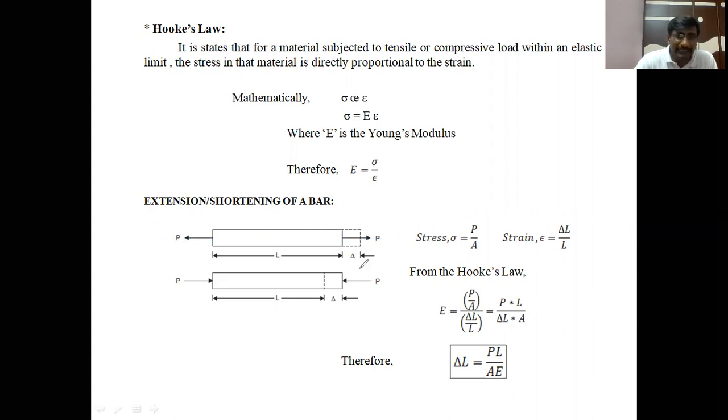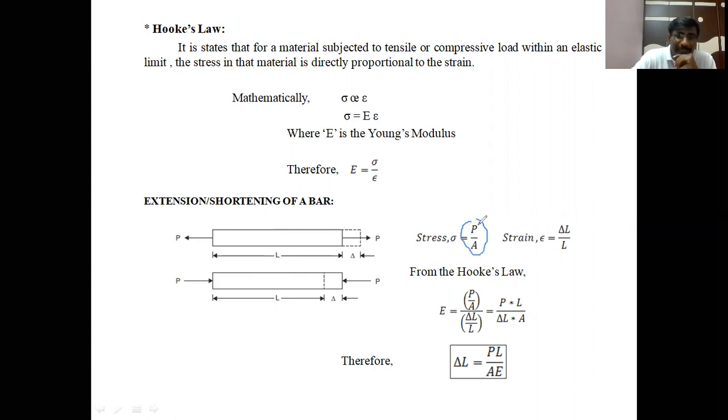By applying the tensile load, it can extend from initial length L by delta L. Delta L is the extension or elongation. As we know, stress, sigma, equals load by area.